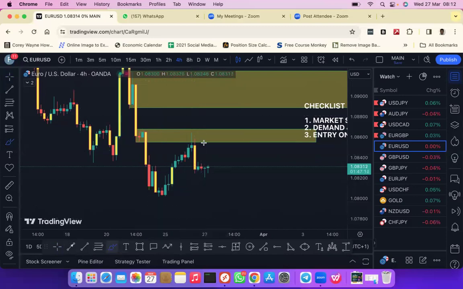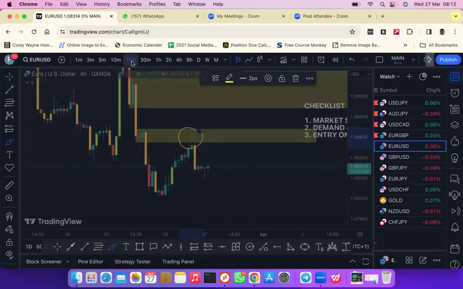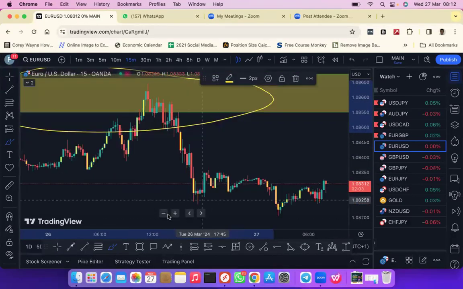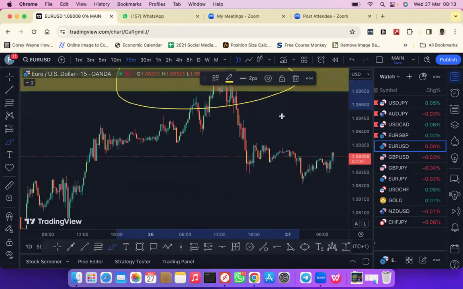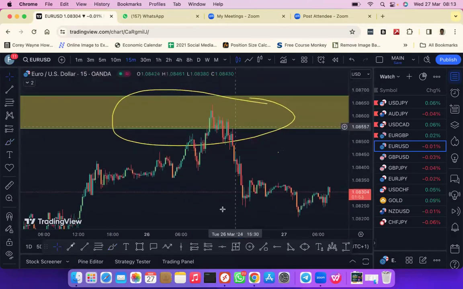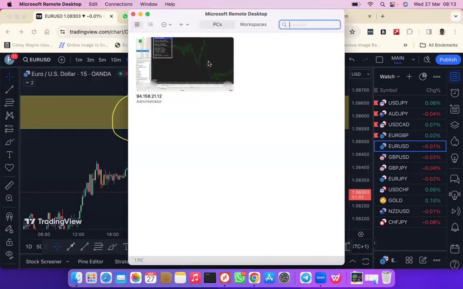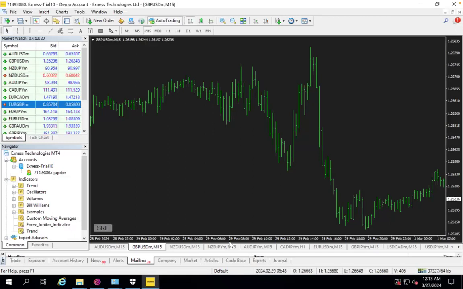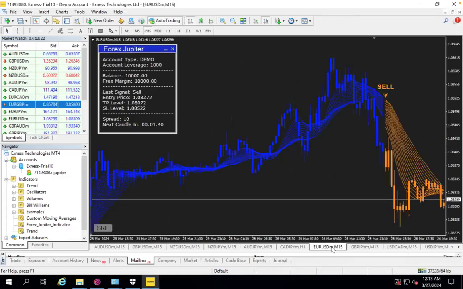So let me spot this zone here. I go to the 15 minutes and we'll find what caused entry over here. My trading AI is on my VPS, so let me quickly log into the VPS, and I'm going to show you EURUSD on the VPS, 15 minutes.